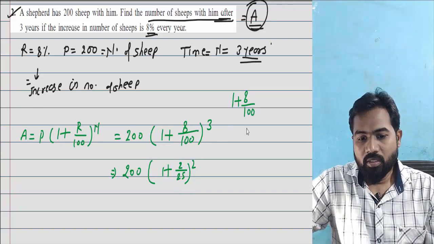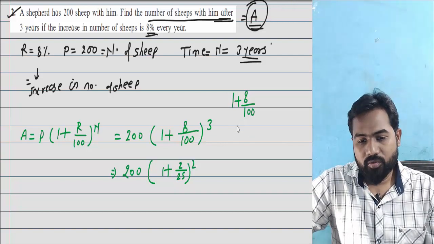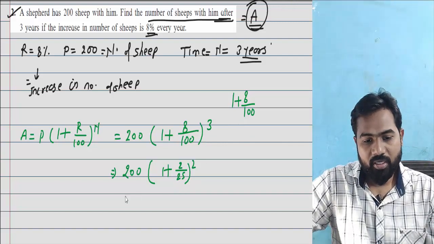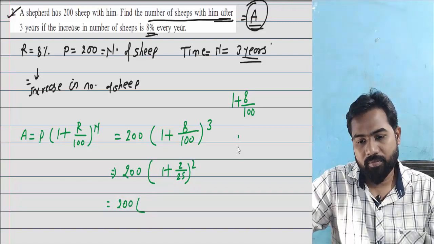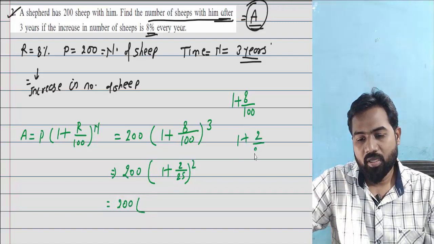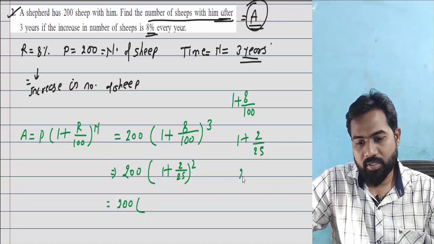Is that clear? So this will become 2 divided by 25, and we are getting 200. Cross multiply: 1 plus 2 divided by 25 is 25 plus 2 divided by 25. Again you are getting 27 divided by 25. Is that clear?